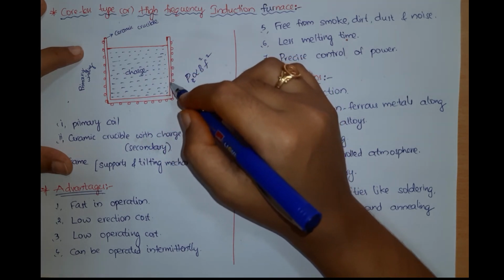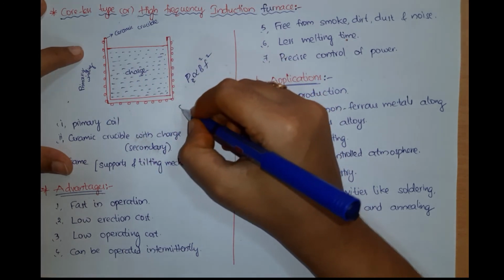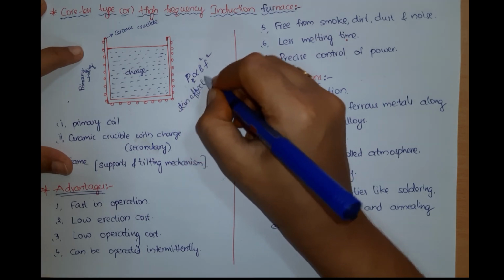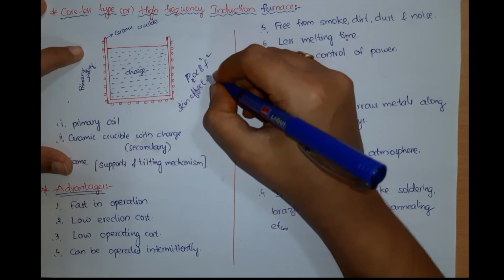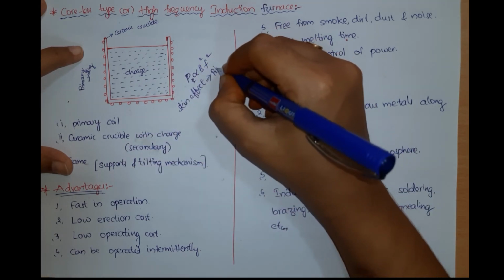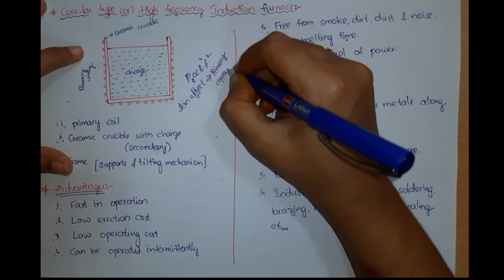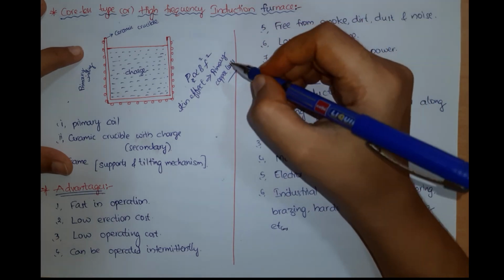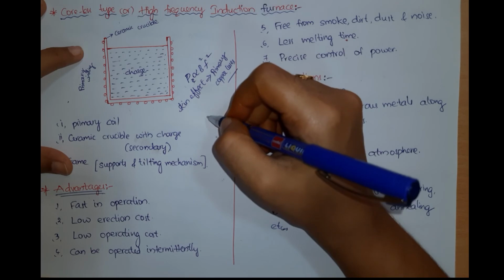But what happens at high frequencies? The resistance of the primary winding also increases because the skin effect comes into picture. Due to skin effect, the resistance increases, which increases the primary copper loss. To reduce this primary copper loss, the amount of copper used should be minimum.